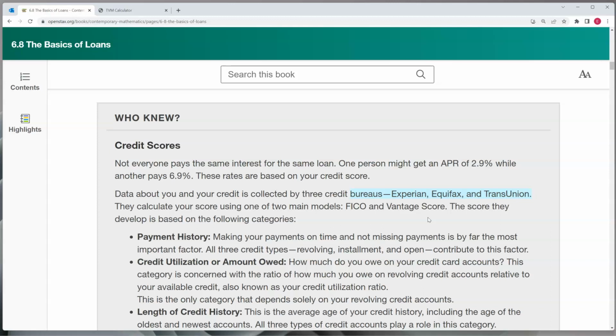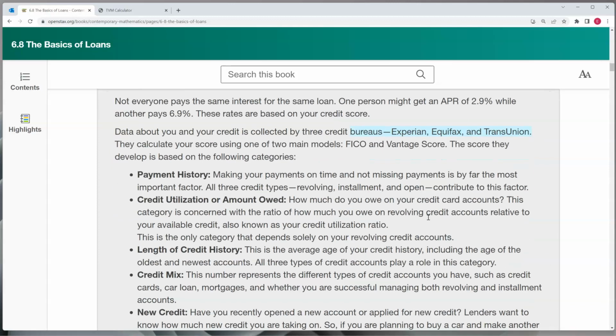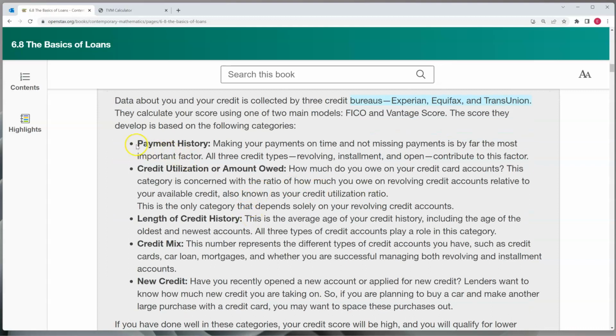But if you, as the person with the credit score, request it from one of the 3 bureaus, that's not going to negatively affect your credit. It's when a finance agency such as a bank or a car dealership runs your credit that it can actually negatively impact your credit score.